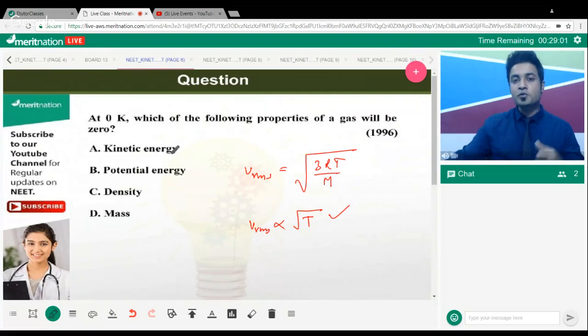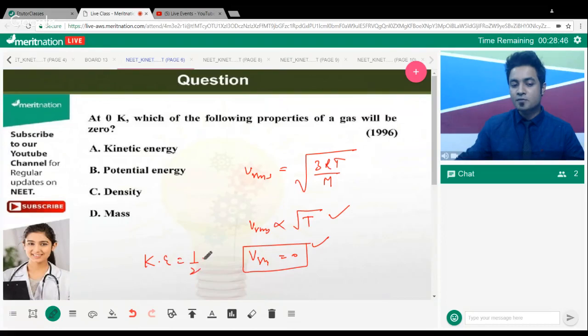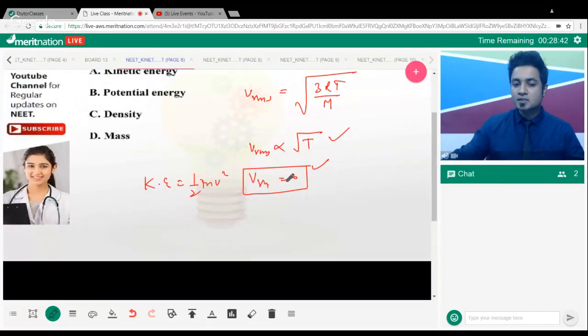If you are dropping the temperature of a gas to almost zero, the vrms comes out to be almost zero. Kinetic energy is half mv square, so v is coming out to be zero, and kinetic energy definitely has to be zero.